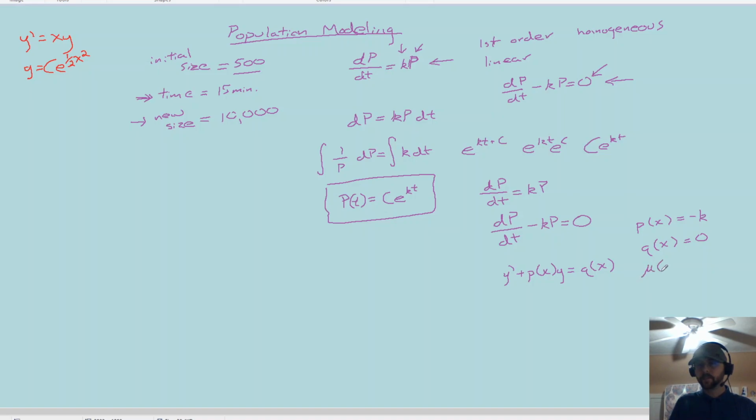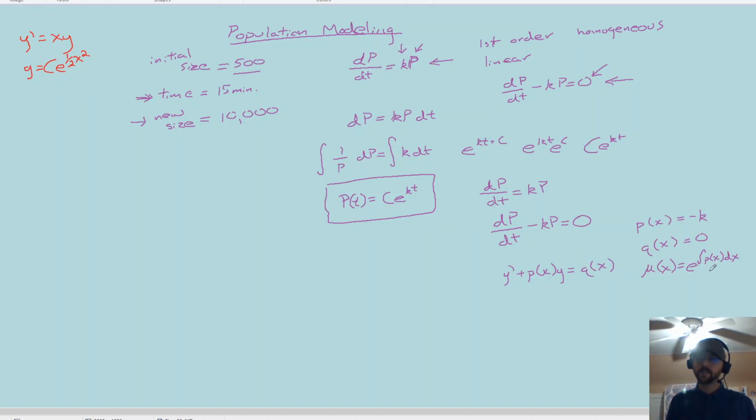They have been calling it mu of x, and I noticed that some other people do. And mu of x equals e to the integral of p of x dx. I'm using x's and y's, but technically I need to be using capital P's and t's. So that's going to matter in a second.